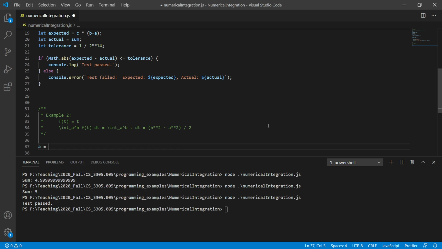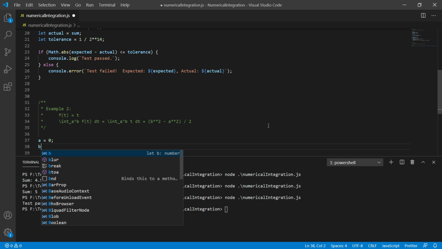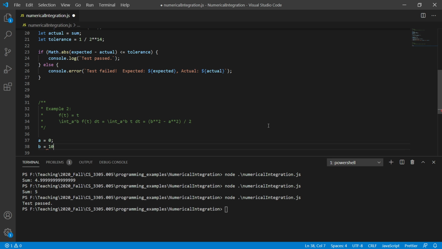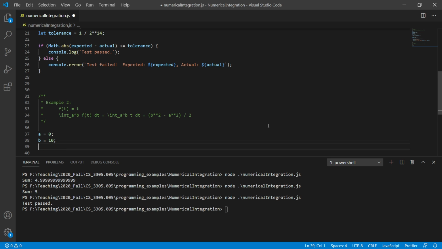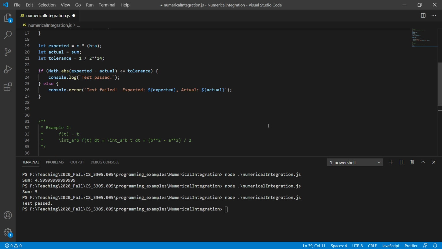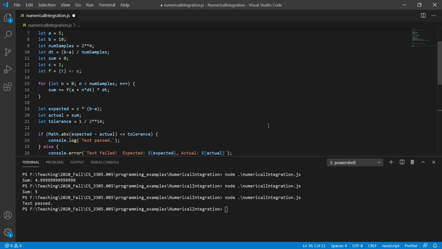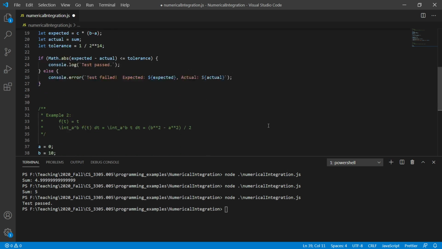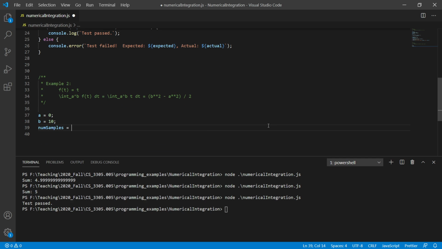Okay, so we've already declared these values above. We'll just reuse the variables. So we have some region, right, and some number of samples. And what did we use before? Something 2 to the 4 samples. All right, sure, we'll give that a shot.